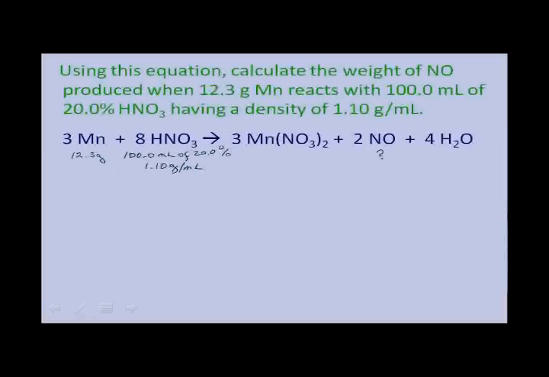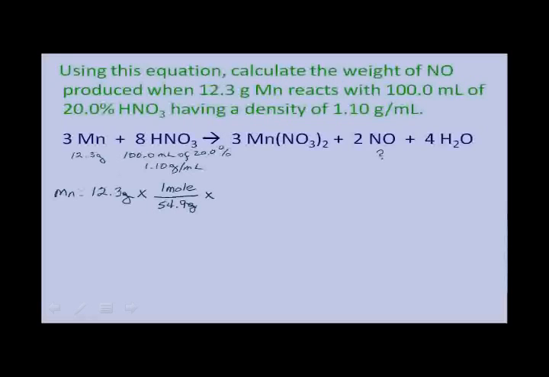Well, let's see. I'm going to start my calculation with the manganese. I'm going to take this 12.3 grams of manganese and determine the amount of nitric oxide that could be produced if we ran out of manganese first. So I'm taking my 12.3 grams of manganese times 1 mole of manganese, and manganese has a gram atomic weight of 54.9 grams per mole, so grams cancel.